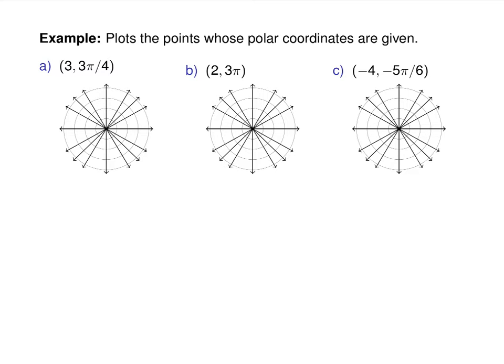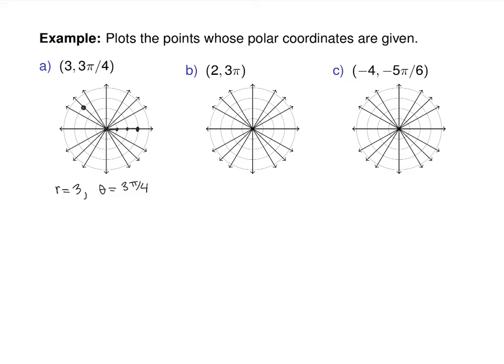So plot these polar points. The point 3, 3 pi quarters: the r is equal to 3, the theta is 3 pi quarters. So we go a distance of 3 out from the origin. So this is my origin, and there's 1, 2, 3 away is that point right there. And then we take that ray and we rotate it 3 pi quarters, which puts us around to here.